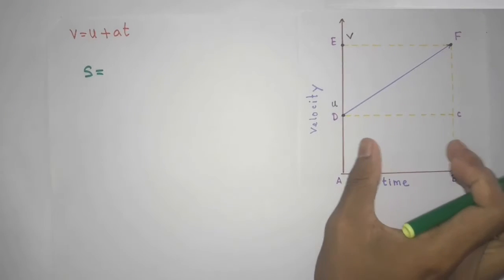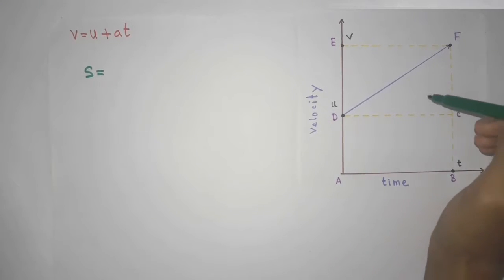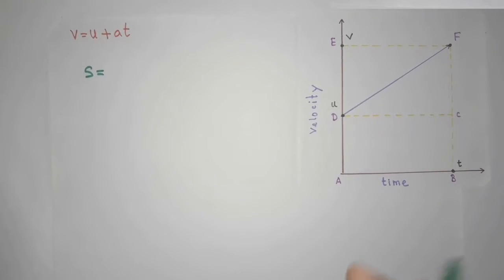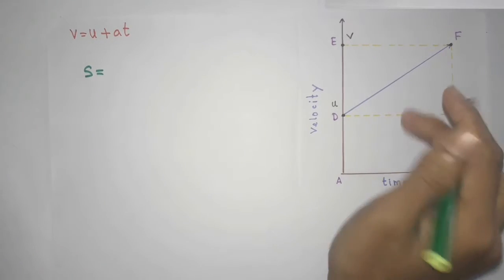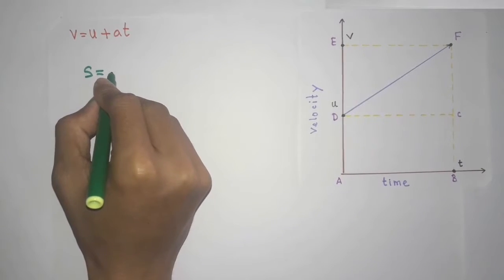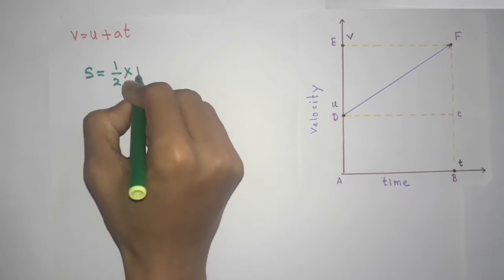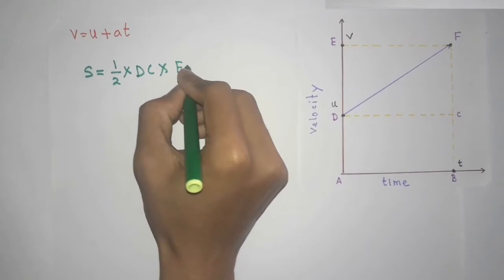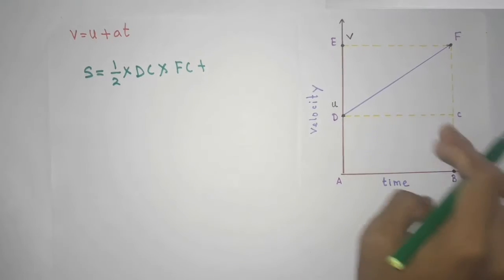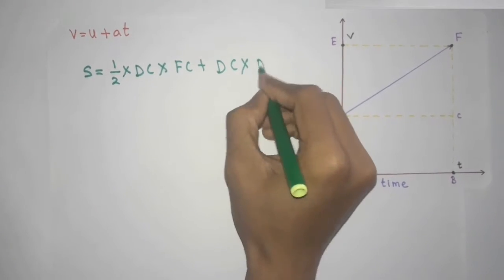You can see the area is divided into two parts: this is the area of a triangle and this is the area of a rectangle. First let us consider the area of this triangle: half into base, that is DC, into height, that is FC, plus the area of this rectangle, that is DC into DA.